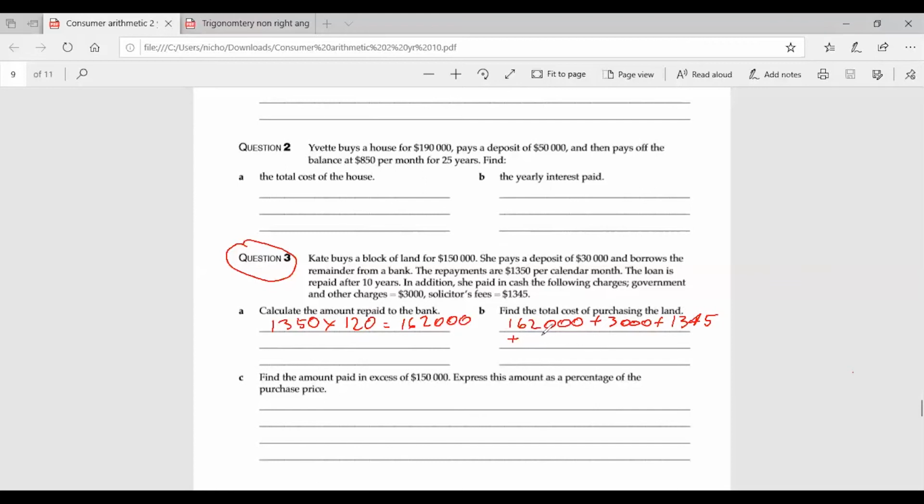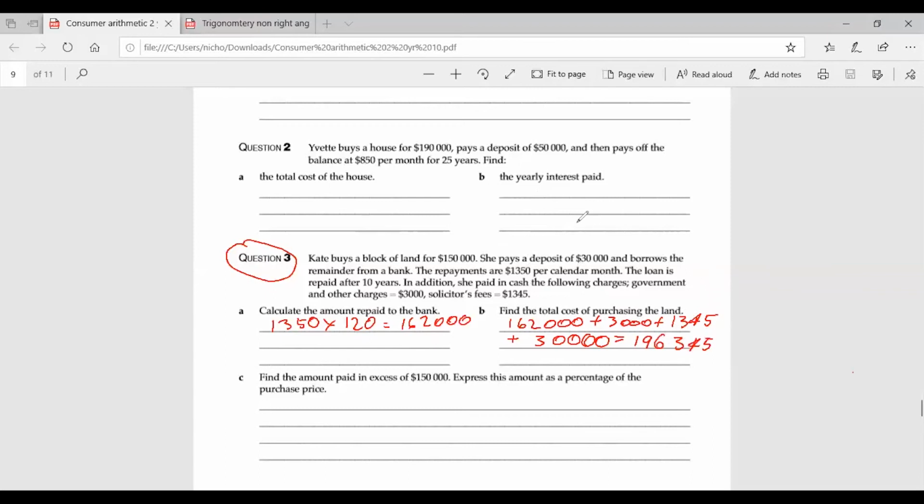And how much did she pay in the deposit? $30,000. $30,000, right? Yep. All right, and what does that equal to? $196,345.